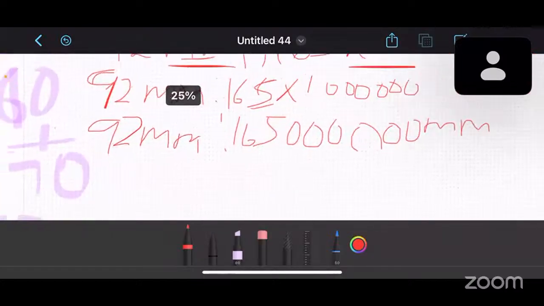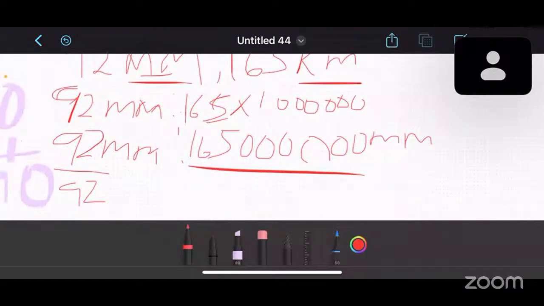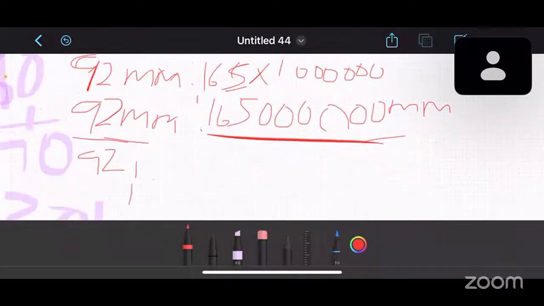So now you're going to divide both sides by 92, because you want to be left with 1:whatever. So 92 divided by 92 is going to be 1, and then 165 million divided by 92.